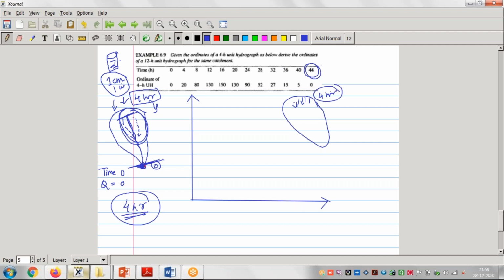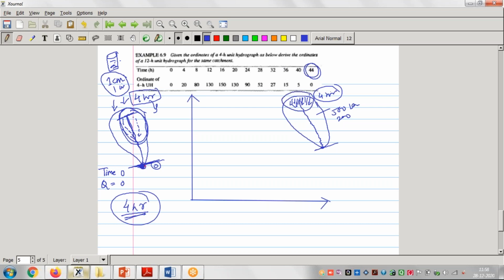But whatever water came through this rainfall will come slowly, and here it will be collected, maybe for 24 hours, maybe for the next 48 hours, because this distance may be say 500 kilometers, and this distance may be say 200 kilometers.